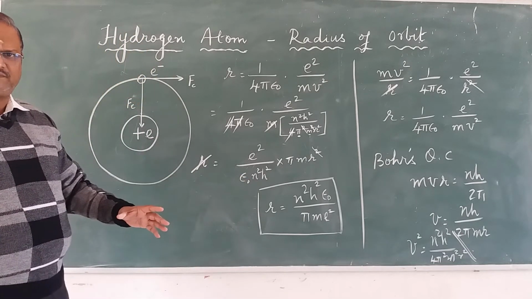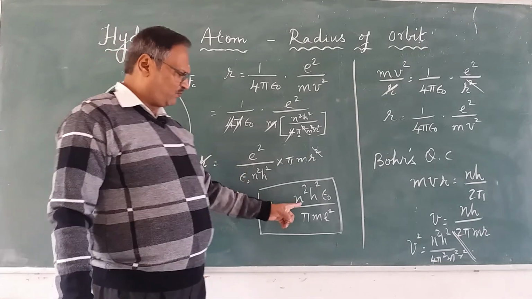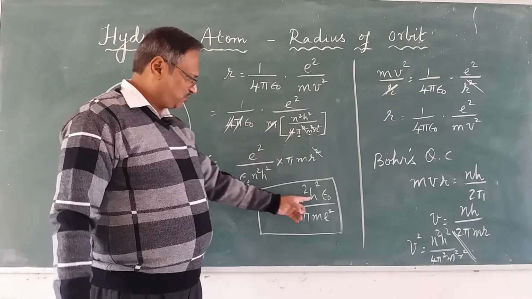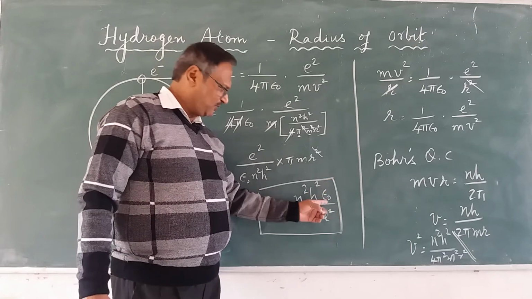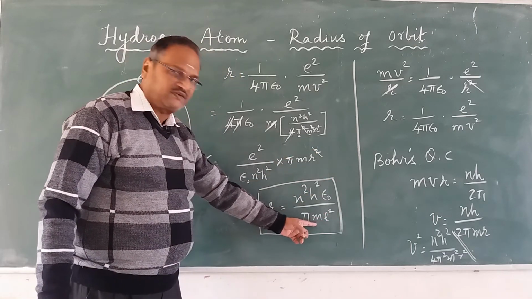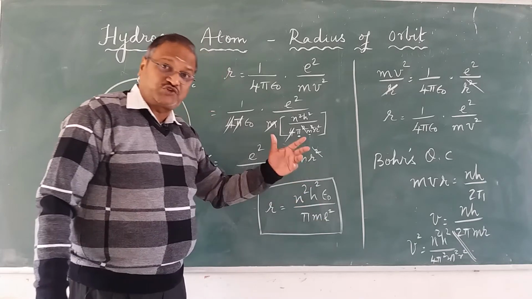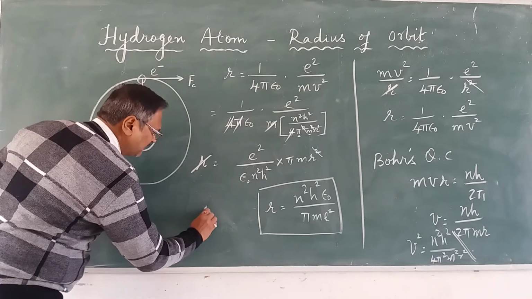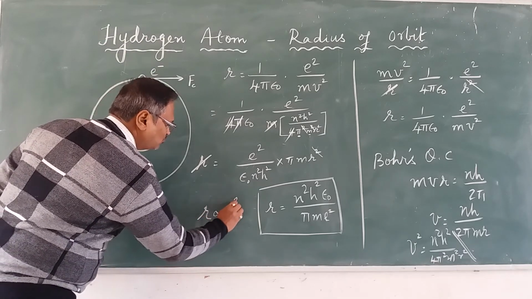It's very simple. R is equal to, what is n? Orbital number 1, 2, 3, 4. h, Planck's constant. Epsilon naught, permittivity of free space. Pi constant, m mass of the electron, e electronic charge.